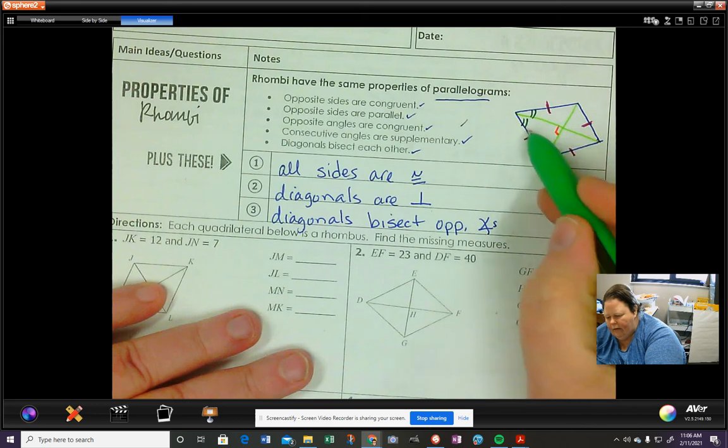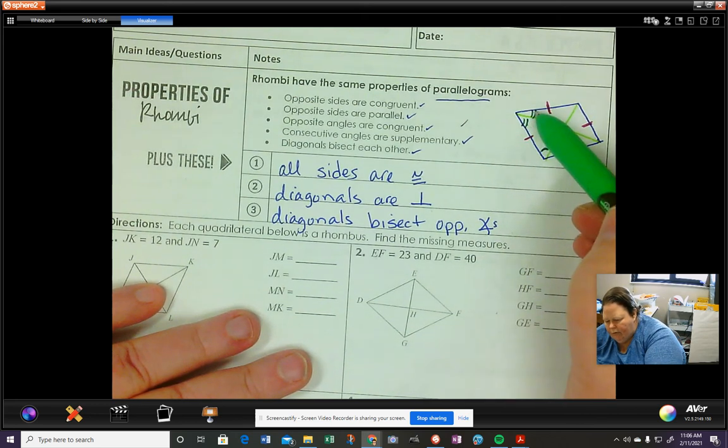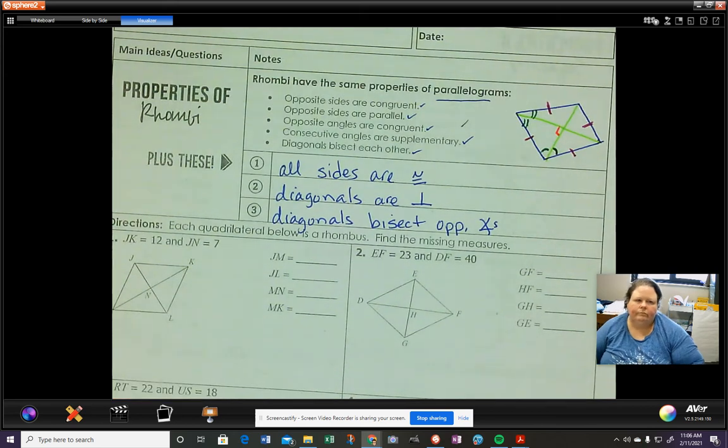Now, I'm not saying that this angle is congruent to that angle, but I'm saying that this one's congruent to that one. All right? And it may be that they're, maybe. I have to think on that. But anyway, no, it may not be.